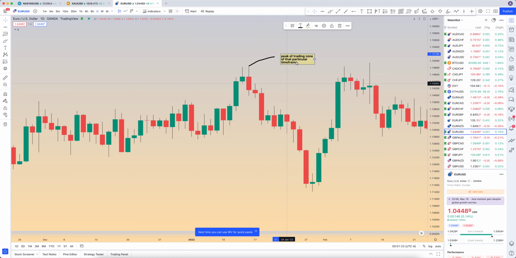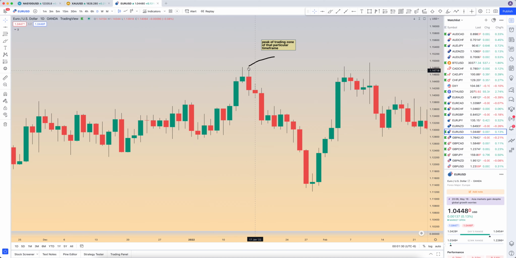So what that means is, since we're on the daily time frame, just to be aware of that, within this entire day, this is as high as the prices went, and this is as low as the prices went. Within that day, the price actually got that high, and then it dropped further down.